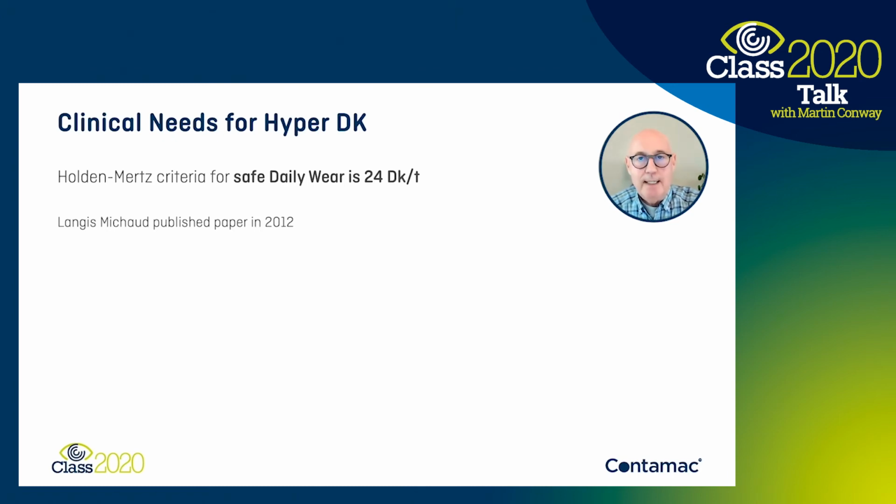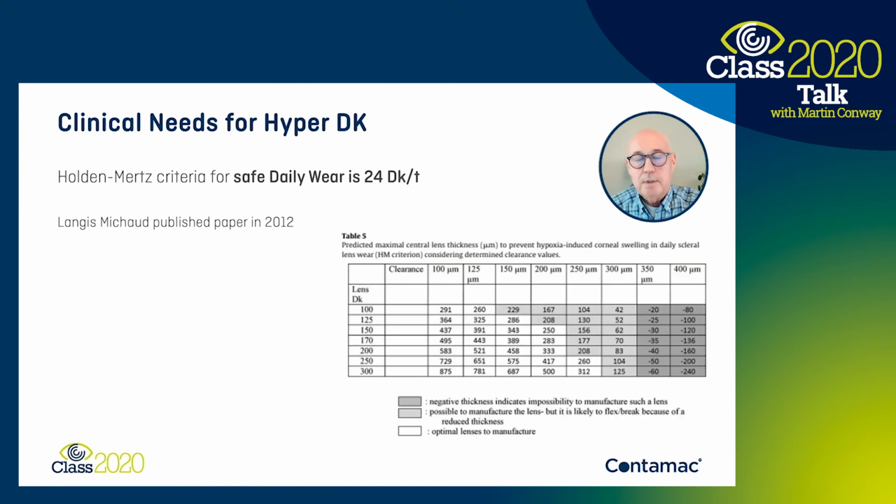And he mathematically calculated for us the need of a material suitable for scleral lenses. His paper was published in 2012, and what he did was mathematically calculate the Dk required of a lens of certain thickness fitted at a certain vault.